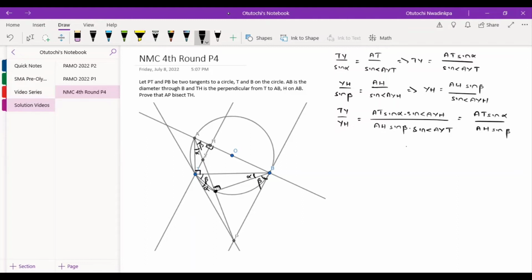So once we do that, this basically means that TY over YH is equal to AT over AH times TX over BX. Now you have gotten rid of the trig, right? So basically we just need to show that AT times TX is equal to AH times BX. That's our goal.